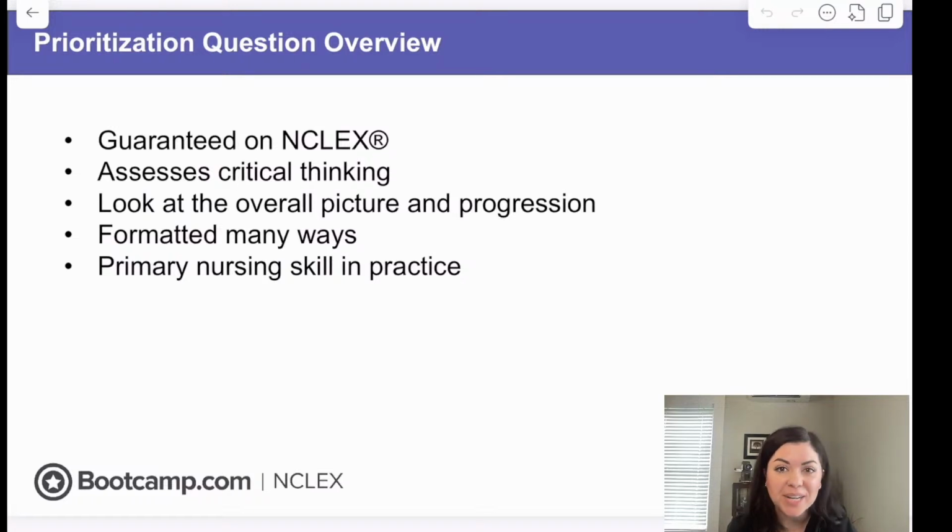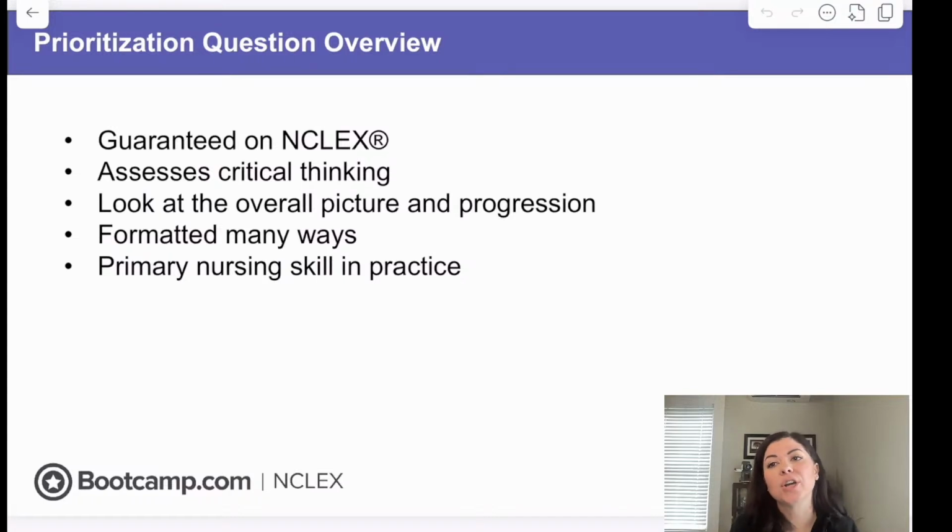And one of the best ways to do that is through prioritization questions, because prioritization questions typically don't just look at one client or one clinical condition. Instead, they are asking you to look at the overall picture and progression that you expect for sometimes 4 clients. So they can be much more challenging than other items. But once again, hopefully today we make it a little bit simpler.